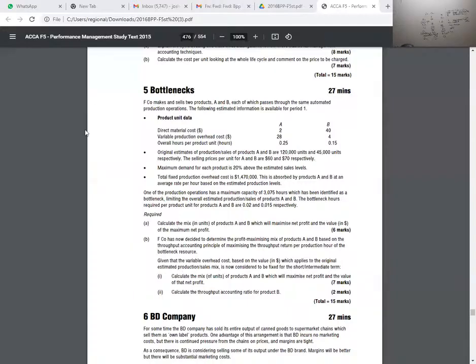Great. I can see good analysis there. But they have given us maximum capacity. It's not 3 points, it's 3075 hours. This is 3075 hours.